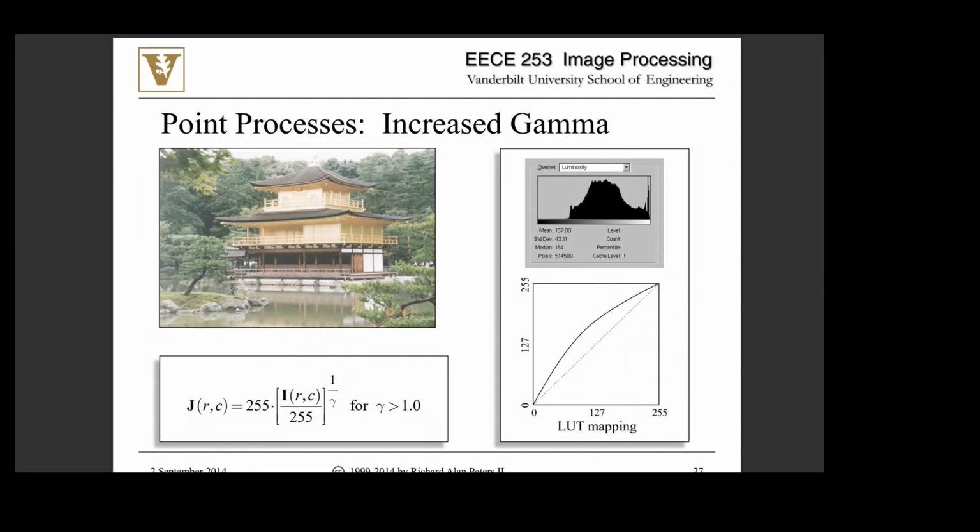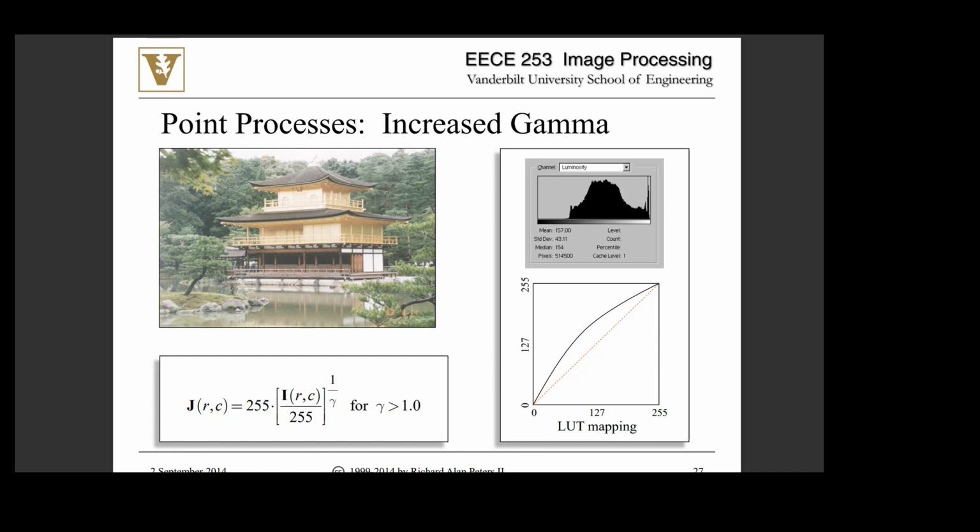What about this one? We can construct a transformation that looks like this. This is called the gamma transformation, and all monitors apply these gamma corrections. Depending on the value of gamma, for instance, for gamma larger than 1, it looks like this. Is it increasing the contrast or decreasing the contrast? Increasing.